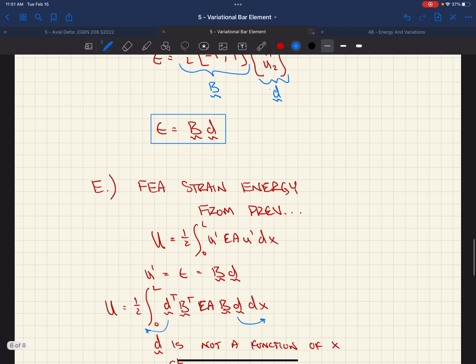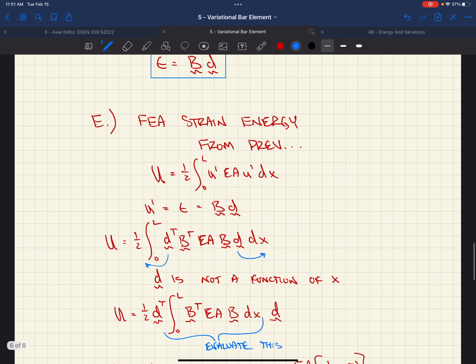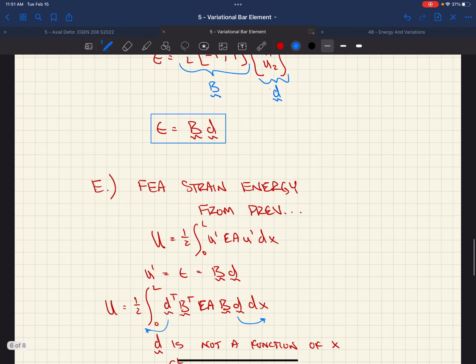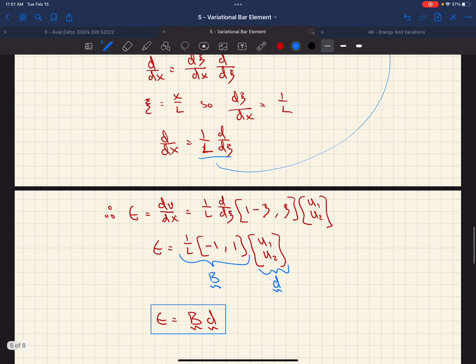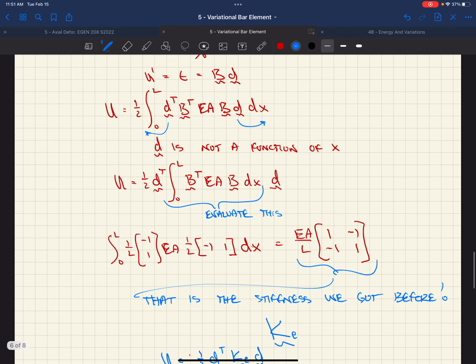We're looking at discrete elements, and those discrete elements have known nodal values. We use the relationship between known nodal values and displacement values to figure out what the strain energy is, which is the area underneath the stress strain diagram. So those are always good.